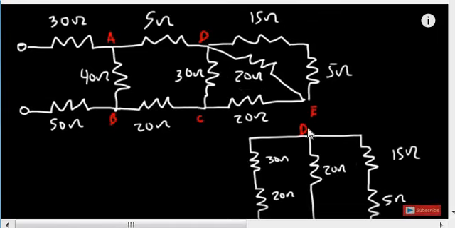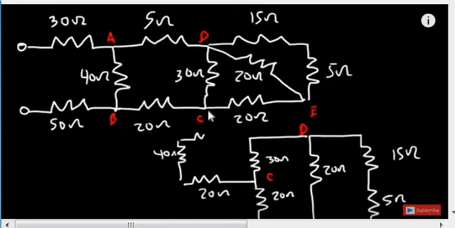This is D terminal and this terminal is E terminal. Between D and E 20 ohms, and this is 15 and this is 5. Now between D and C terminal, you can see 30 ohm.